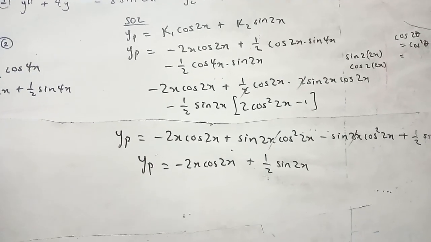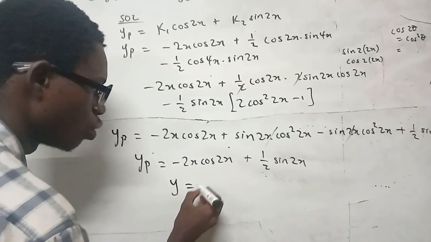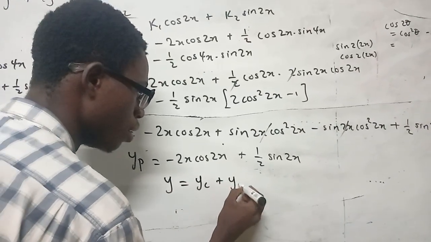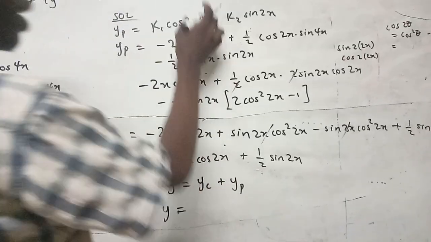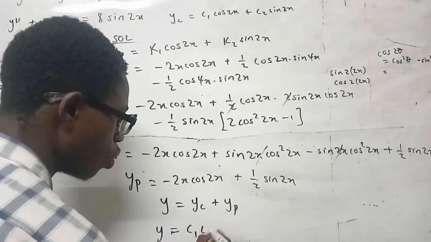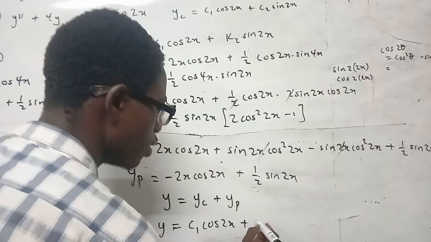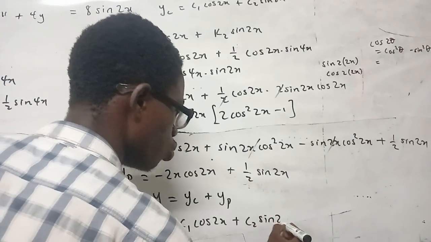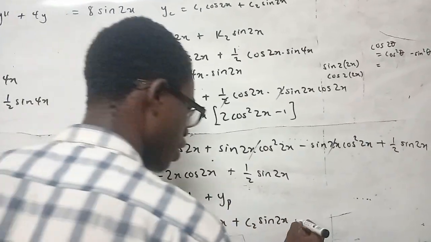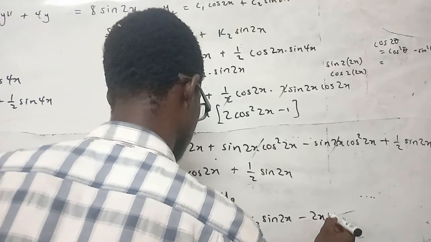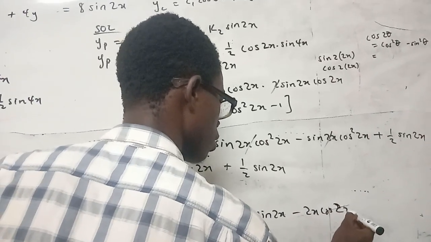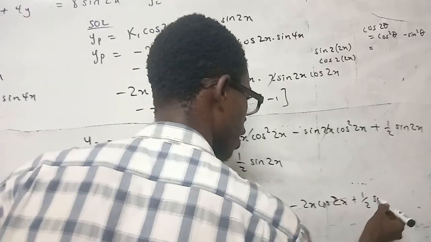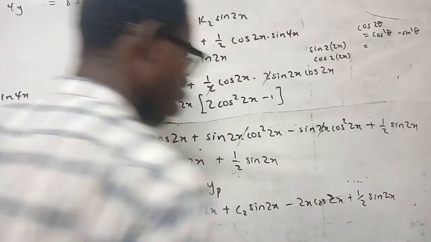So we are now going to find our final answer, y equals to yc plus yp. And y equals to, our yc has been given as c1 cos 2x plus c2 sine 2x plus our yp, that's minus 2x cos 2x plus 1 over 2 sine 2x, and that is the final answer.